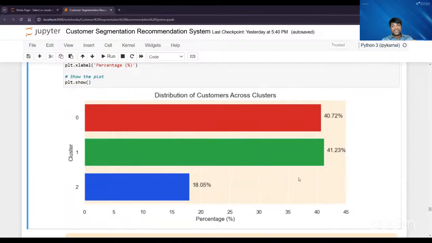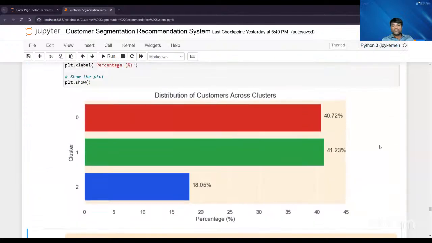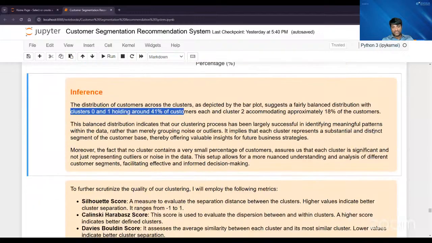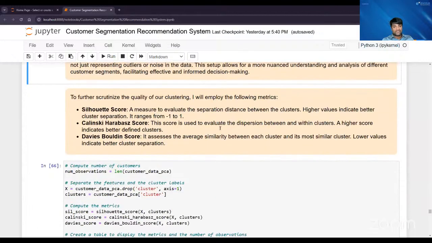So these are the 3 clusters. We are going to focus more on the first 2 clusters, because each holds about 41%, so 82% of the customers are from my first 2 clusters. I'll focus more on those people, which will help me build my business.